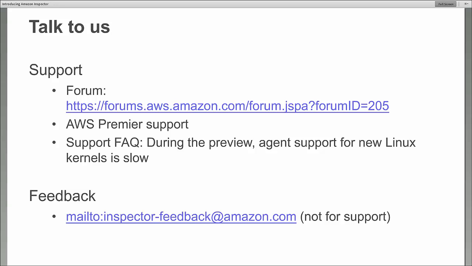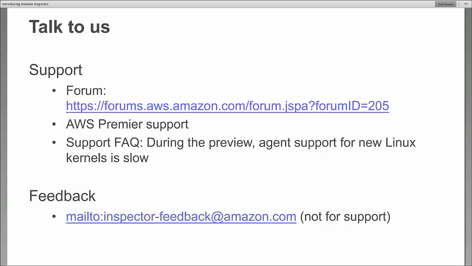And then one quick support question is one of the most frequent support questions that we get right at this moment: people will install the latest version of Ubuntu. They'll get an ISO image or something from somewhere, and they'll install it and deploy it to an EC2 instance, and we won't yet have an agent built for that particular kernel.